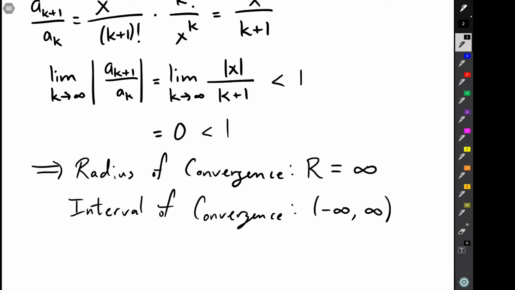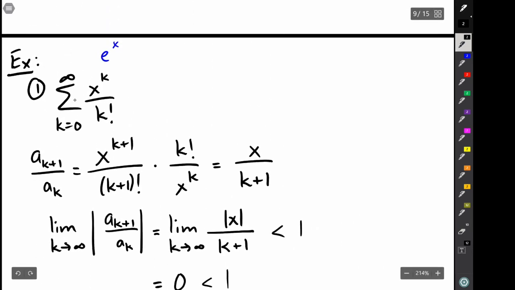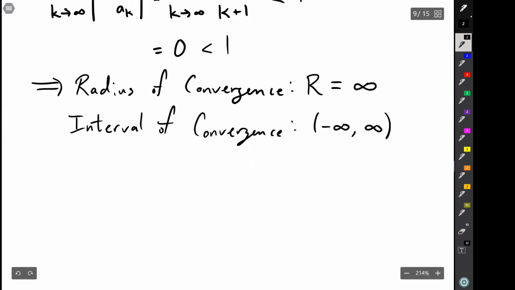This is really quite interesting, in that no matter what x value we plug in, this series is going to converge to e to the x for every single value of x. It's quite interesting.